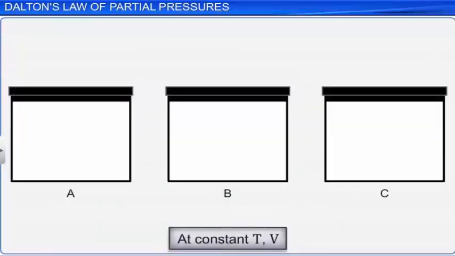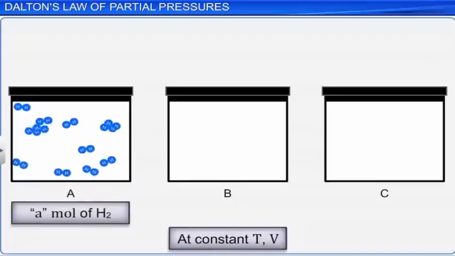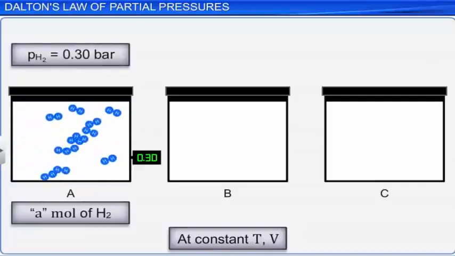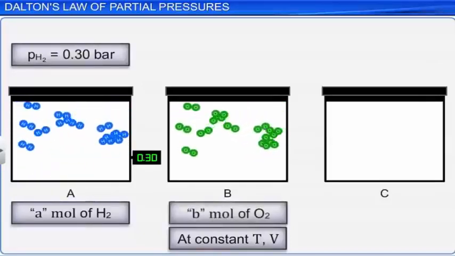Let the first vessel be enclosed with A moles of hydrogen exerting a pressure of 0.30 bar, and the second vessel be enclosed with B moles of oxygen at the same temperature exerting a pressure of 0.45 bar.